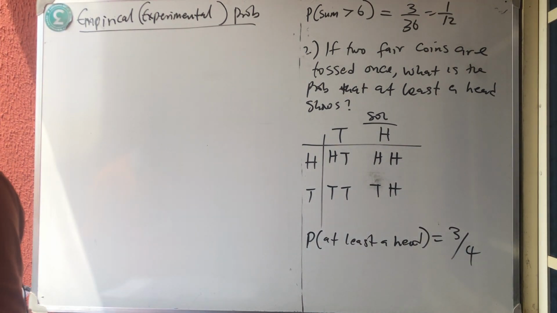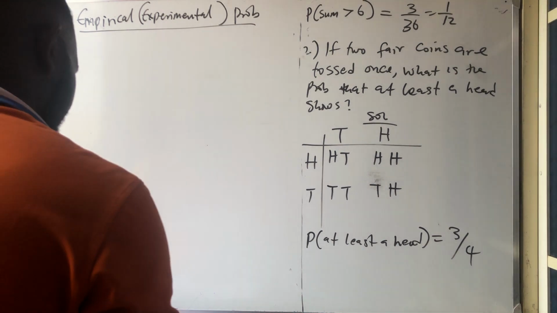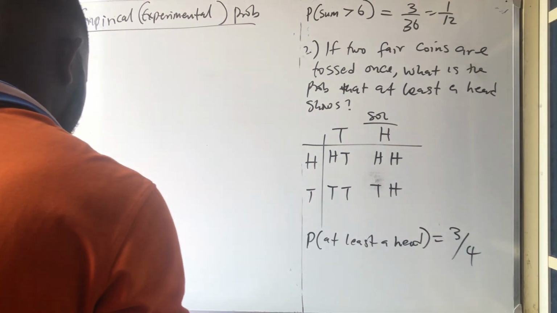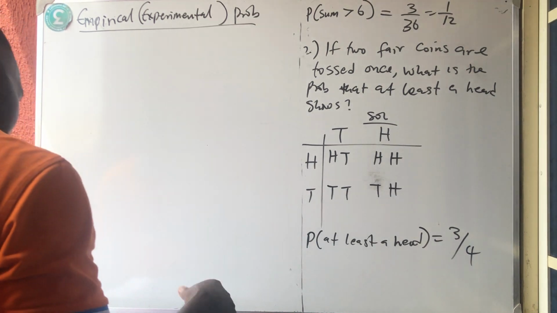Now, empirical probability is calculated using the result of an experiment that has been performed. Okay? You know that in the other one, we did not perform it, but in this one, it must be performed a number of times.